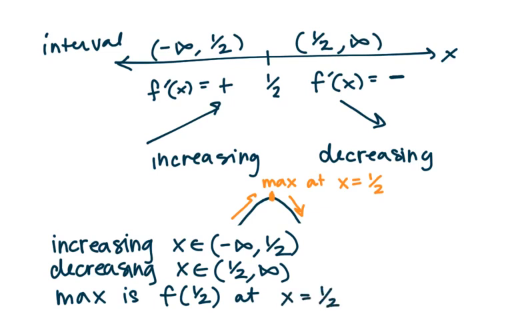And so I wrote f of 1/2 because I don't have that value here, but always remember the max is y, it occurs at x. And if I want to find f of 1/2, this value would be found by putting 1/2 in the original function, not the derivative, okay? So that's how I could find what that number would be.